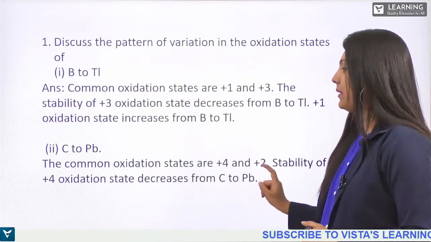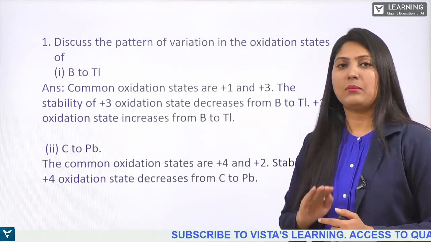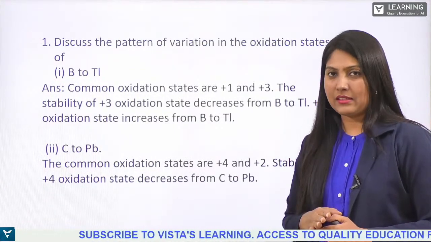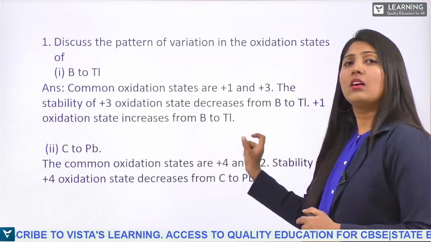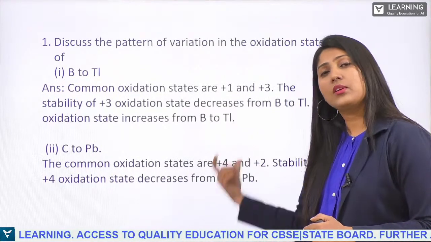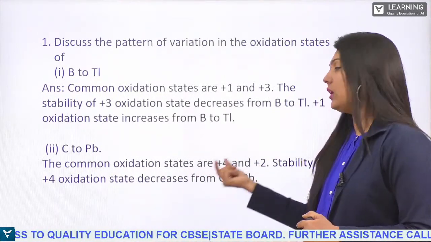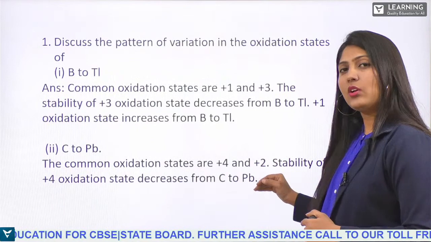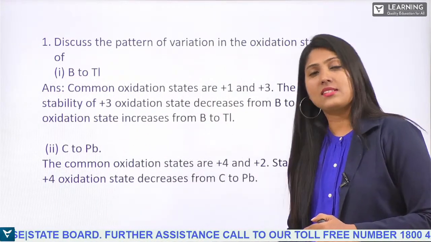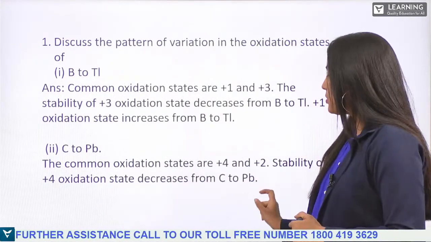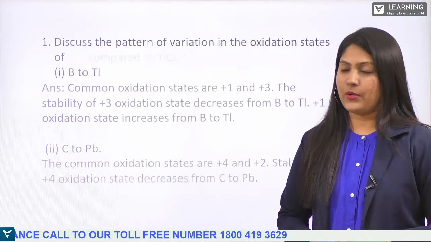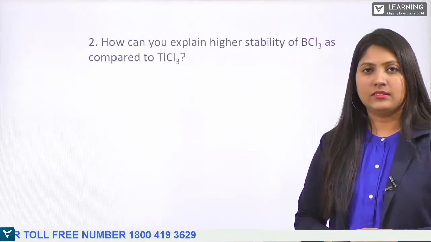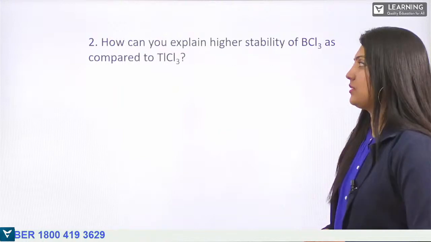But for carbon and silicon, we have seen that it will be +4 or -4. But the general oxidation states for this 14 group element will be +4 or +2. So the stability of +4 decreases down the group, whereas +2 increases down the group. Got it? Good.